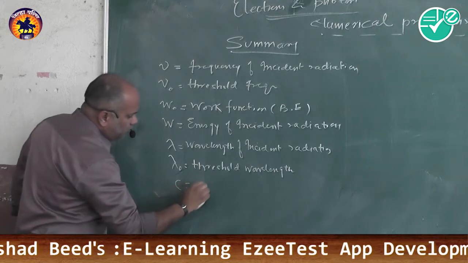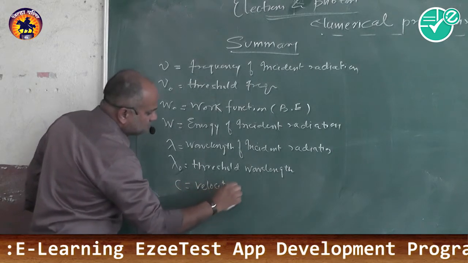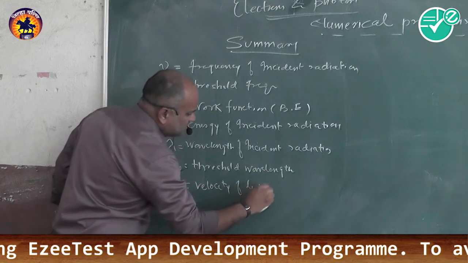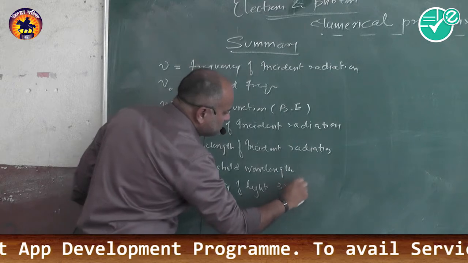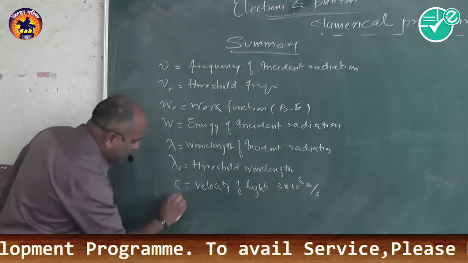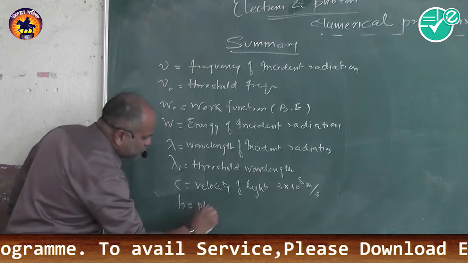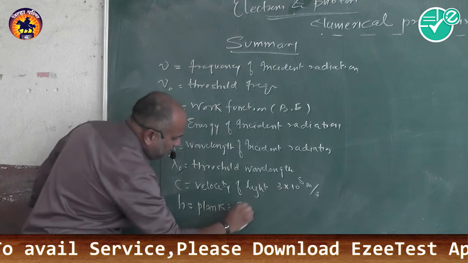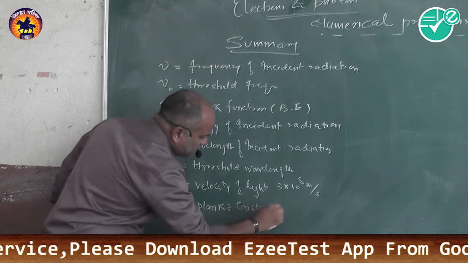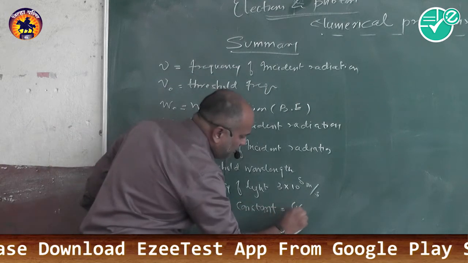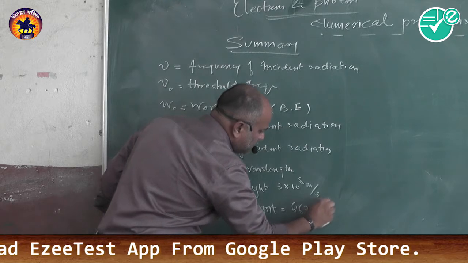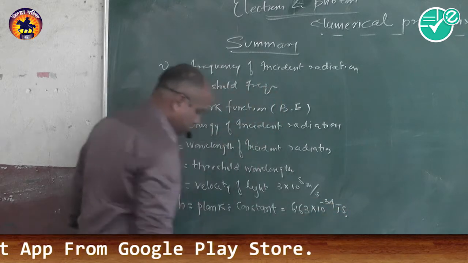C is equal to velocity of light, that is 3 into 10 raised to 8 meter per second. H is equal to Planck's constant, whose value is equal to 6.63 into 10 raised to minus 34 joule second.